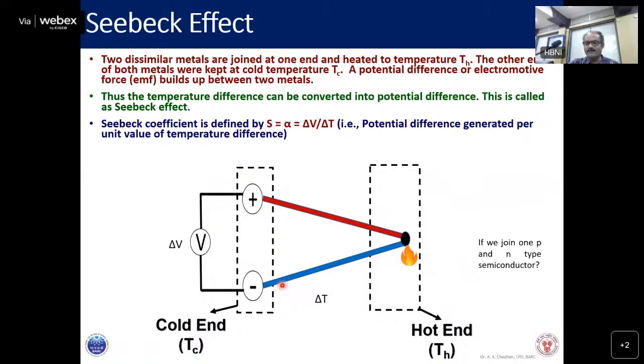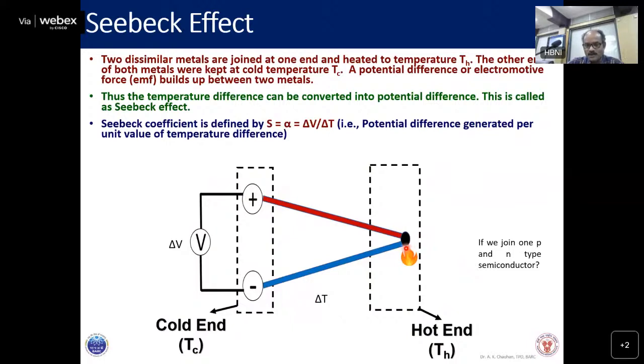Now, suppose we have one P-type material and one N-type material, or N-type semiconductor and P-type semiconductor. In P-type semiconductor, you have holes. In N-type semiconductors, you have electrons. So you will see electrons will move to one side, similarly holes will move to the same side, and then you will get, you can say, double the potential.